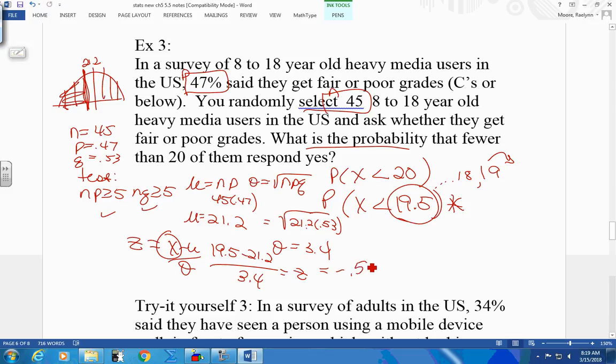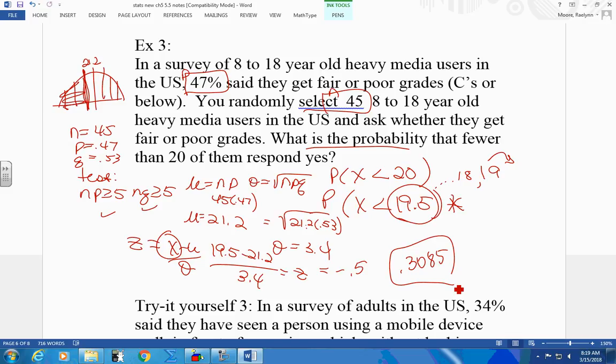You look it up in your table, and you have about a 31% chance. What is the probability that fewer than 20 will say yes? It's about a 31% probability that fewer than 20 of those 45 will have responded yes.